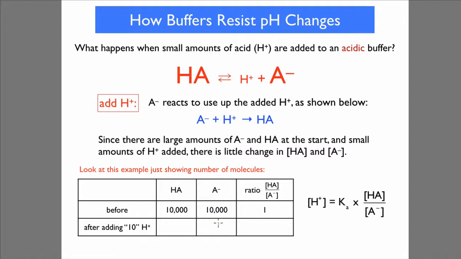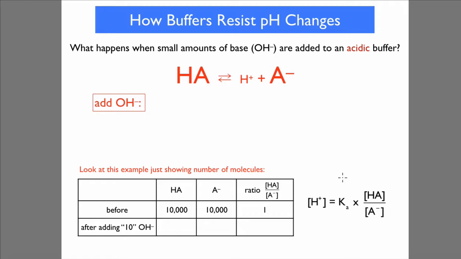And here you would get 9,990. And so you just have 10,010 divided by 9,990, which is still roughly 1. So there'd be very little change in the ratio, and so consequently very little change in the concentration of hydrogen ions, so very little change in the pH.